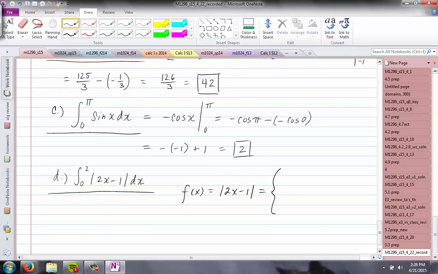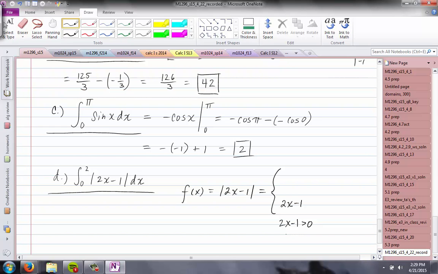So if you break this up into two pieces, the positive piece occurs for x where, when you solve 2x minus 1 being greater than 0, that will give you the x for which 2x minus 1 is positive. And that'll give us the border for the other piece also.